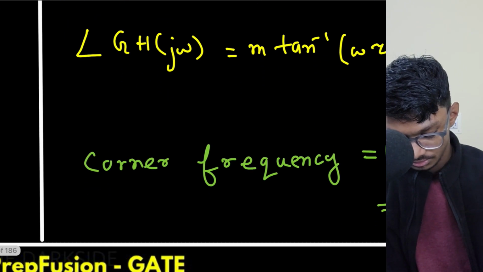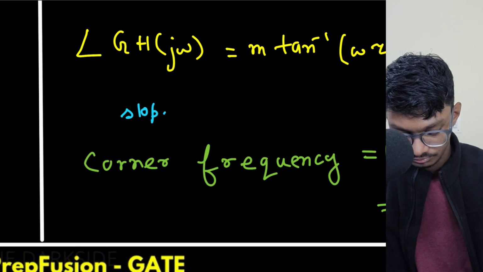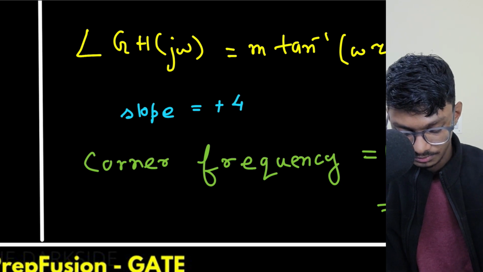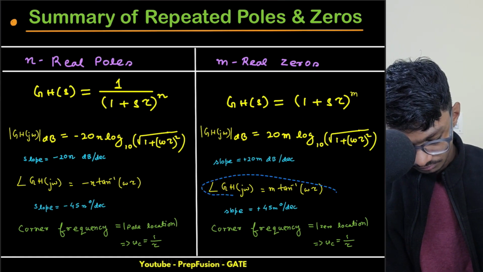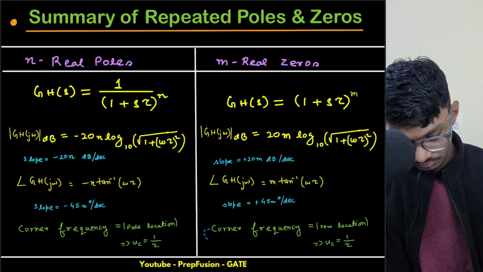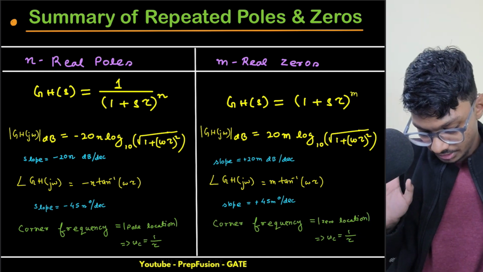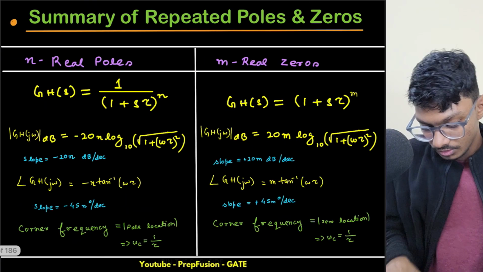For the phase, here the slope becomes plus 90, not 90, sorry, plus 45 m degrees per decade. So this is the slope here, and this is the slope here. These are the things that I want to summarize for you.